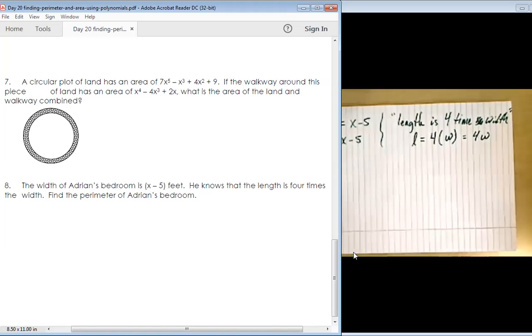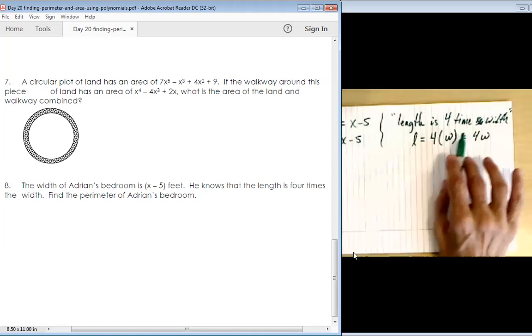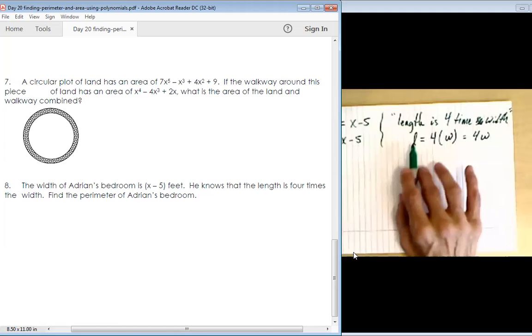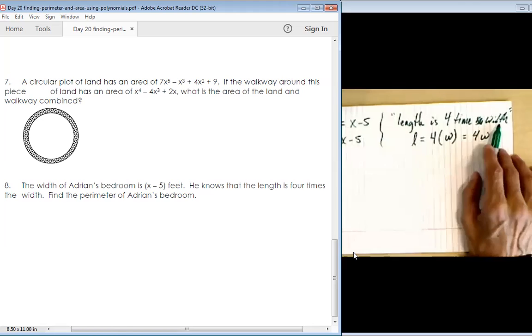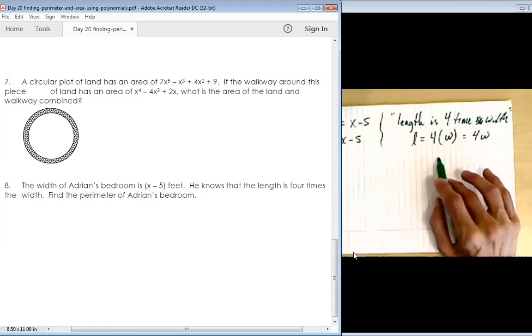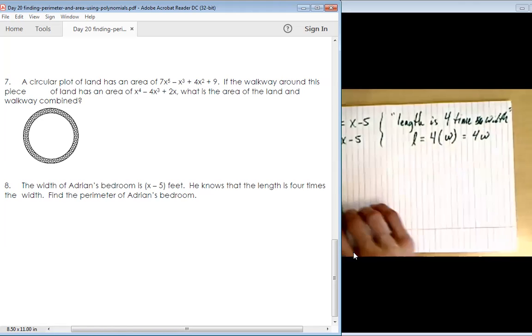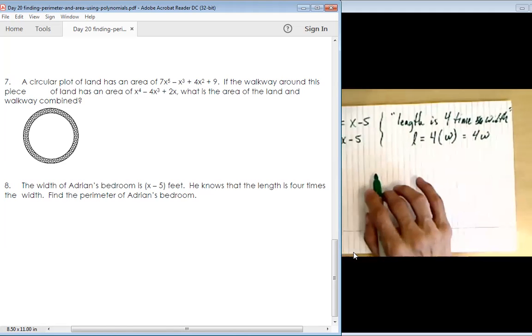Yeah, so a couple things. To translate it directly, length, L, equals 4 times the width, right? So you don't really need the brackets, but you can if you want. So x minus 20.